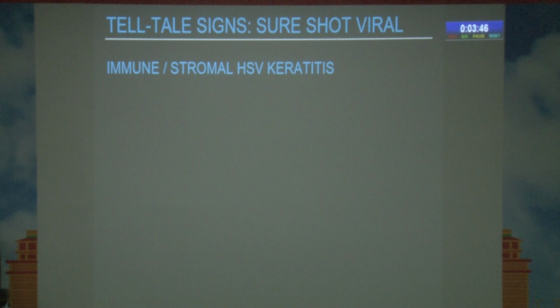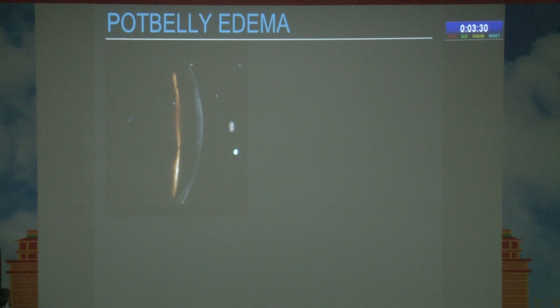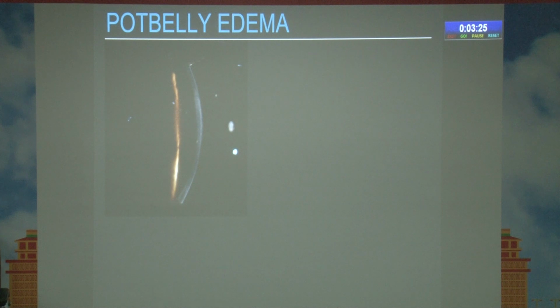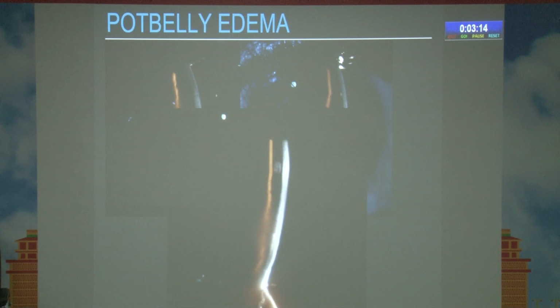Now the next, very common and underdiagnosed in non-cornea practicing ophthalmologists, is stromal or immune HSV keratitis. It has a very typical edema that it presents with, what we call pot-belly edema. In the other causes of edema, be it toxic endothelitis, we see an anterior stromal bulge and thickening in the stroma, but in viral keratitis you will also see a bulge in the posterior stroma, what is called pot-belly edema, like we see in these cases.